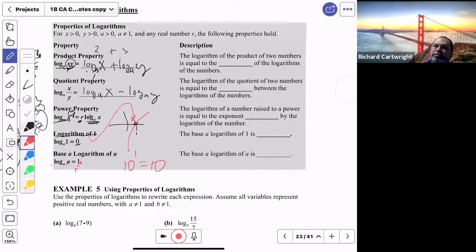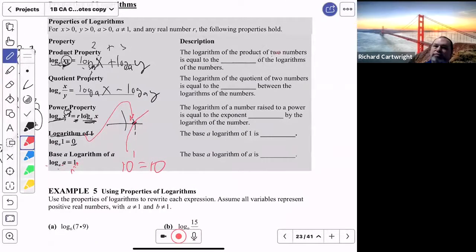The logarithm of the product of 2 numbers is equal to the sum of the 2 logarithms. The logarithm of the quotient of 2 numbers is equal to the difference between the logarithms. The logarithm of a number raised to a power is equal to the exponent multiplied by the logarithm.